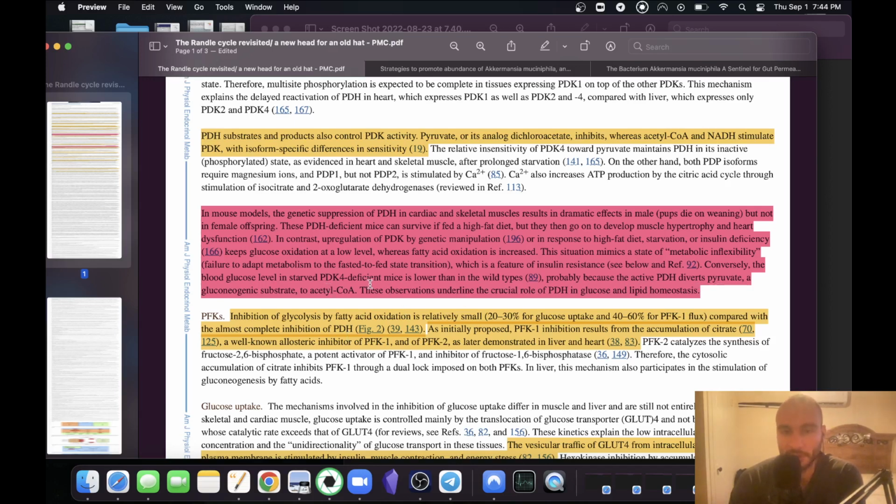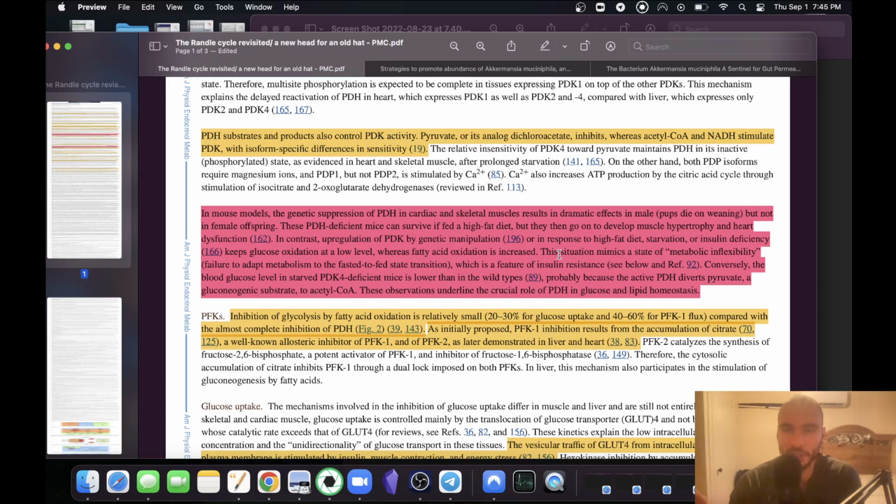Again, they say these observations underlie the crucial role of pyruvate dehydrogenase in glucose and lipid homeostasis. These examples show the mechanisms I just described, what actually happens in real physiology if you alter this enzyme's function in mice or rats. If you decrease pyruvate dehydrogenase heavily, you're forced into fat oxidation, and if you upregulate it heavily, you're forced into glucose oxidation.